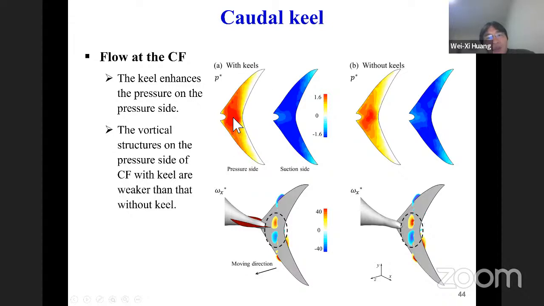With the keel, the pressure is higher on the pressure side than that without the keel. The reason is that the streamwise vortex pair is weaker on the caudal fin compared with that without the caudal keel. So why is this pair of vortices weaker than in the case without caudal keel?